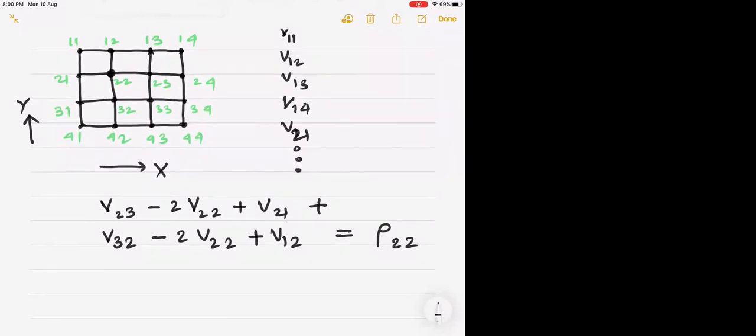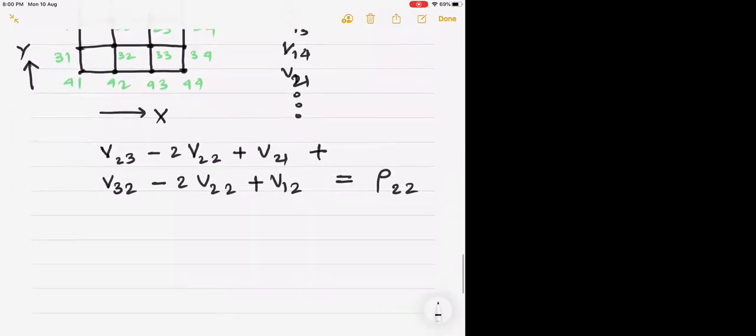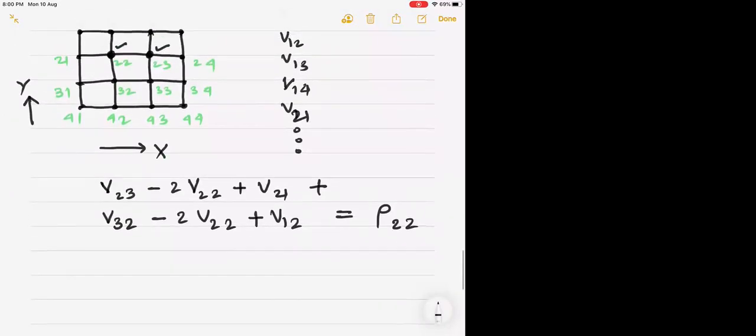Similarly, Laplace's equation applied at this point, I hope this is visible. Let me do it properly. We applied it here. Now, if we want to apply it here, once again I have to find out the two derivatives.